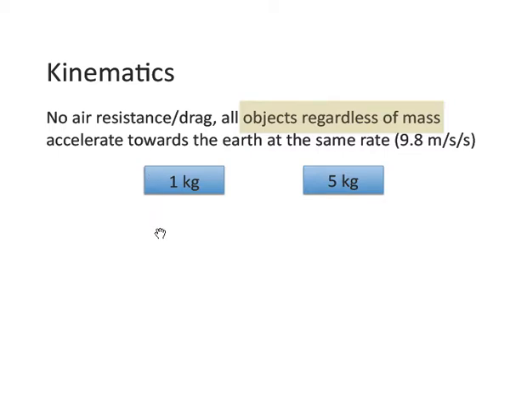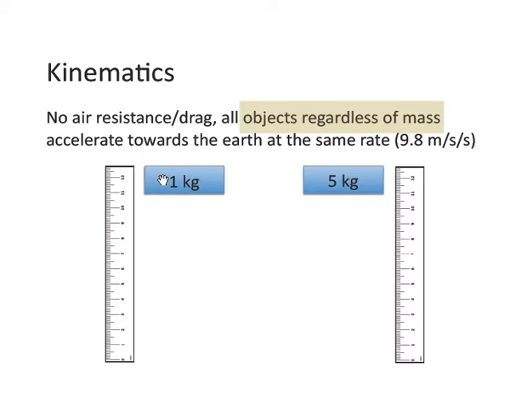No air resistance, no drag, all objects regardless of mass accelerate towards the Earth at the same rate, 9.8 meters per second per second. So imagine we had a 1 kilogram object and a 5 kilogram object. And you could do this experiment for yourself. Just take two objects of different mass, but with enough weight. And imagine we drop these objects from the same height.